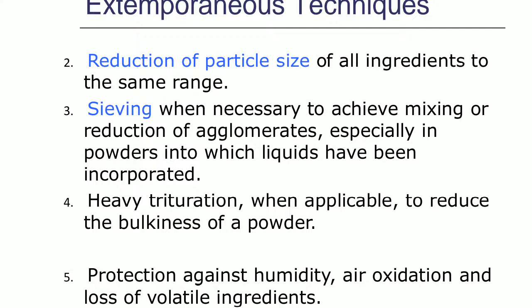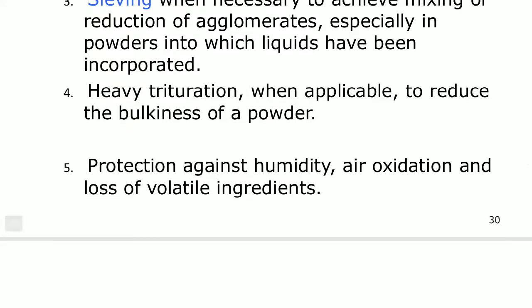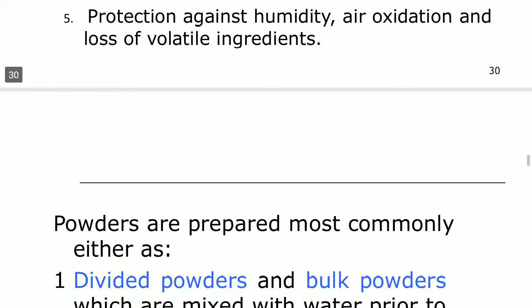Heavy trituration when applicable to reduce the bulkiness of powders. Trituration: a second portion of diluent equal to the volume of the powder mixture in the mortar is added at each step until all diluent is incorporated. Protection against humidity, air oxidation, and loss of volatile ingredients.